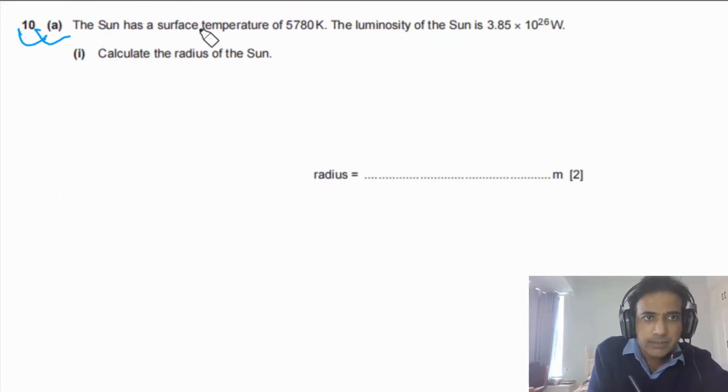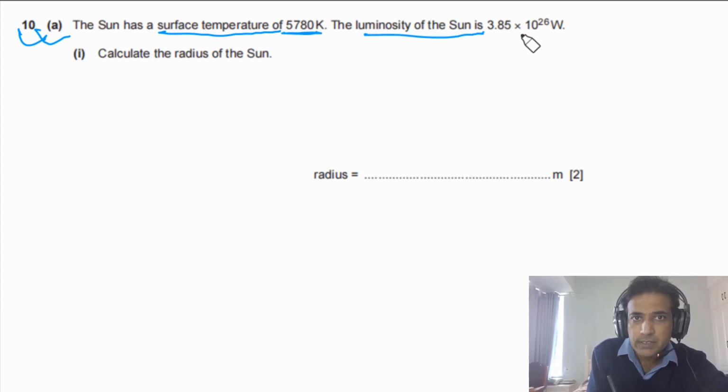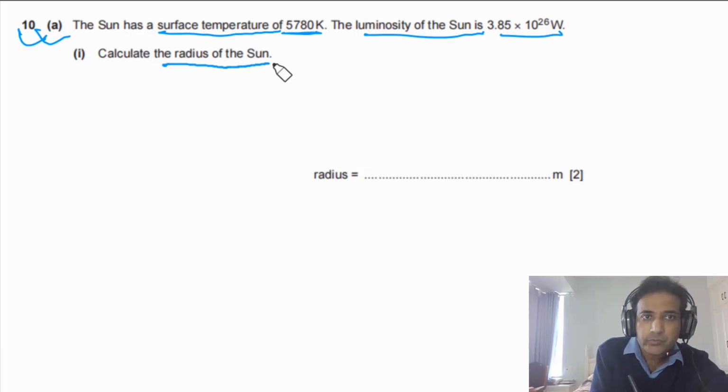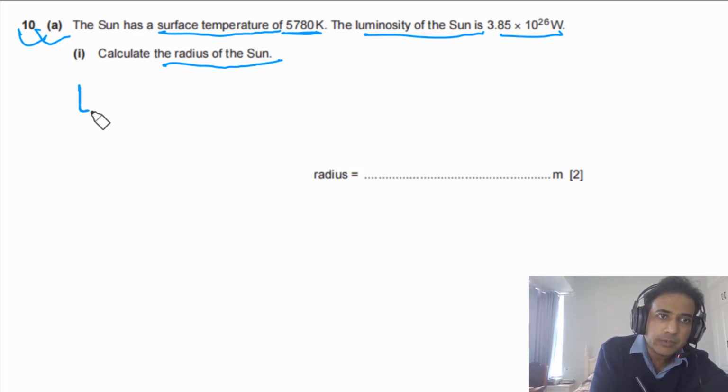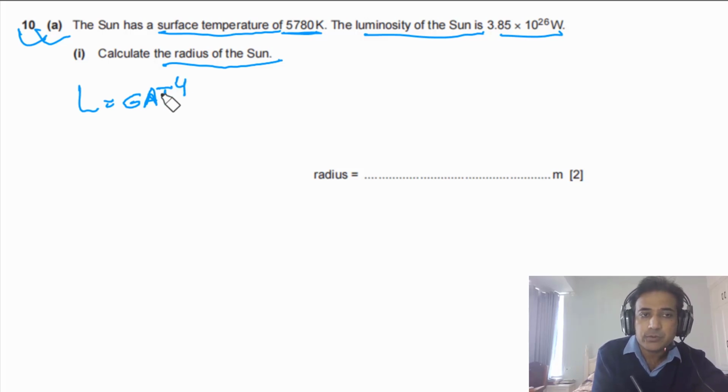Question 10 part A says the Sun has a surface temperature of 5780 kelvins. The luminosity of the Sun is 3.85 times 10 to the 26 watts. Calculate the radius of the Sun. Simply we use the Stefan-Boltzmann law: luminosity is equal to sigma A T to the power of 4, where A is the surface area and T is absolute temperature.